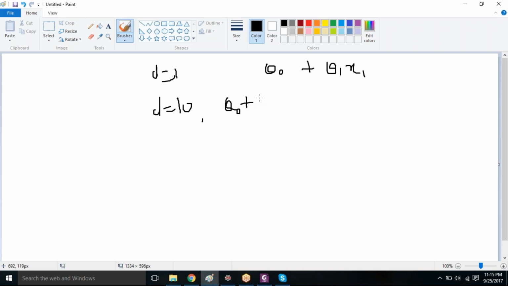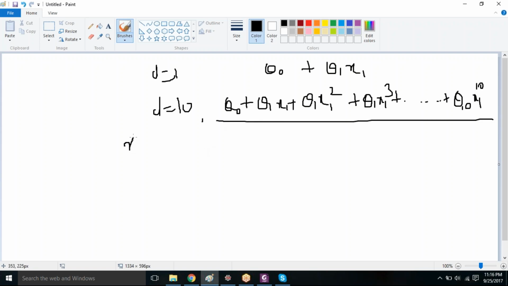Theta naught plus theta 1 x1 plus theta 2 x1 square plus theta 3 x1 cube, dot dot, plus theta 10 x1 to the power 10. This will be your value.